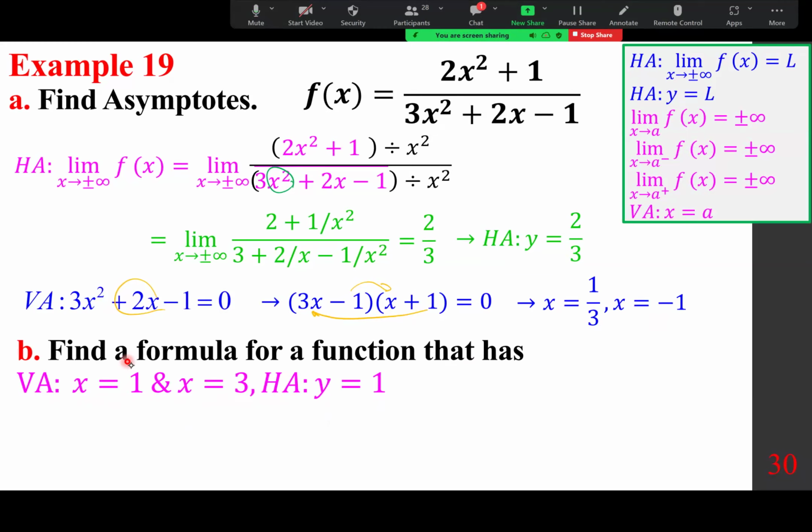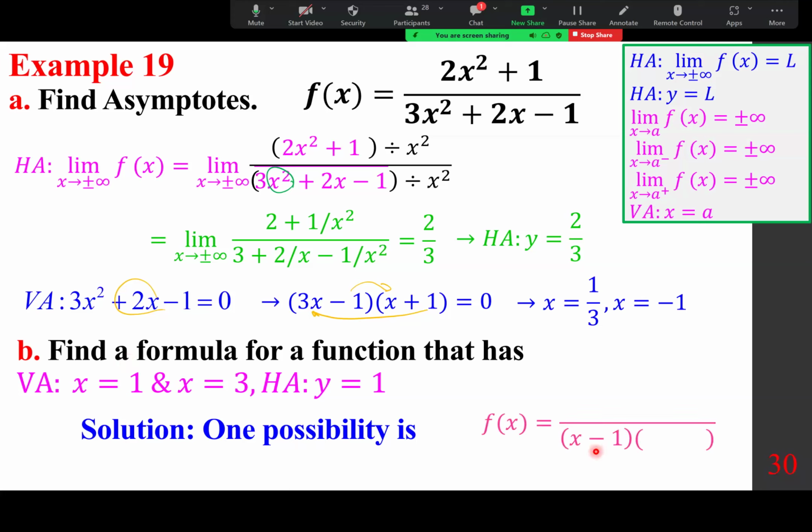So let's look at the case and see what we have here. One possibility is we have the vertical asymptote x equals 1, so we need to have x minus 1 in the denominator. And we have x equals 3, so we need x minus 3 in the denominator.